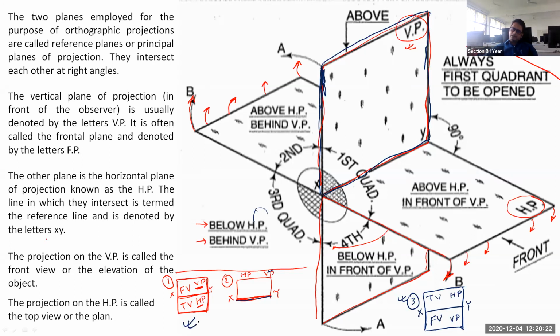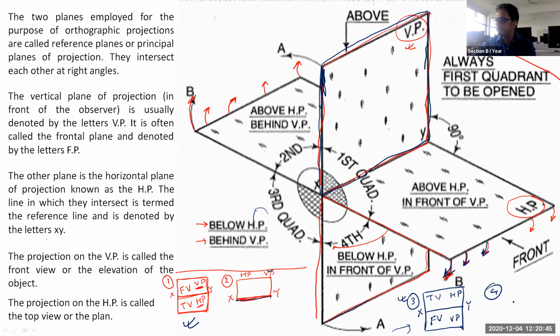Reverse, exact reverse of your first quadrant you are observing here in third quadrant. And again, how will be the fourth quadrant? When the object is in fourth quadrant, this will open up and it will go down and it will be overlapping with your this plane.